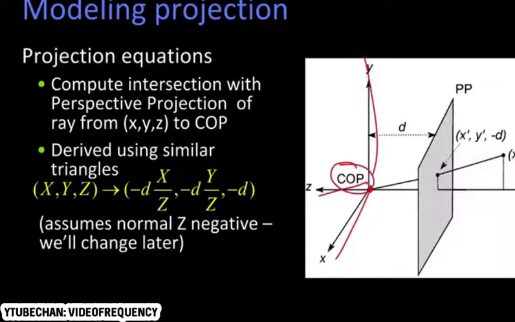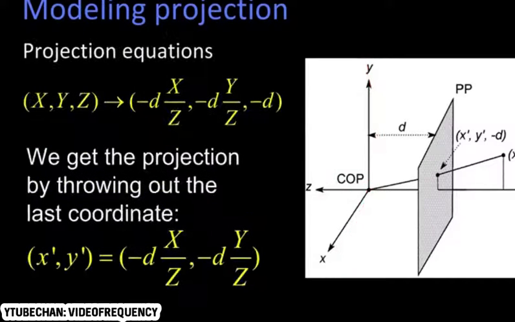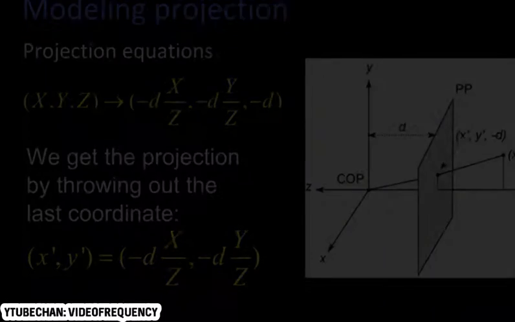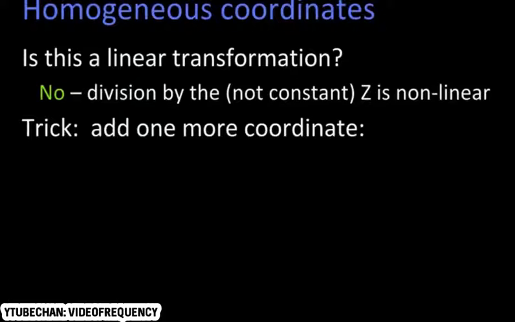And then we derived from similar triangles the location on the image of the point projected down onto the image plane. And then in order to figure out where the point was going to land on the image, we just eliminated that last coordinate. Now we said that this was a bit of an issue because this division by z was nonlinear. And because we had to pull out the particular z, it wasn't a constant z. So we introduced this notion of homogeneous coordinates.